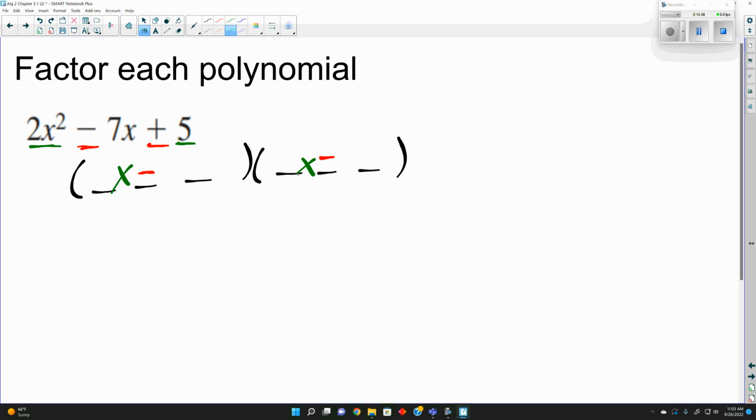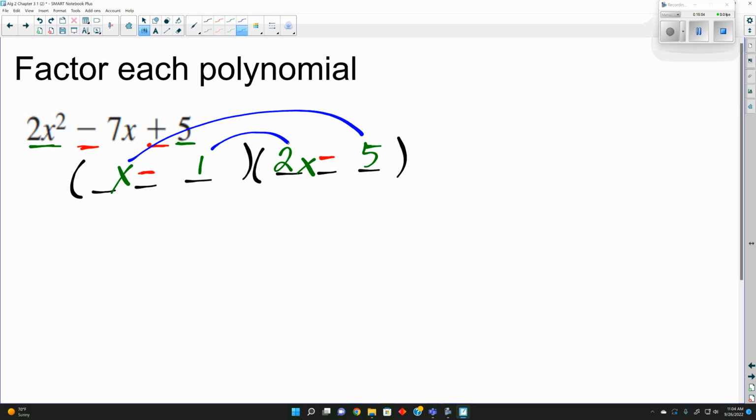There aren't any others, so we just really need to plug 2 into one of the 2 spots. Do we want to put it in the first set of parentheses or the second? Second. Now we need to find the factors of 5. Well, the only factors of 5 are 1 and 5. So where do we put the 1, in the first set or the second? And 5 with the second.